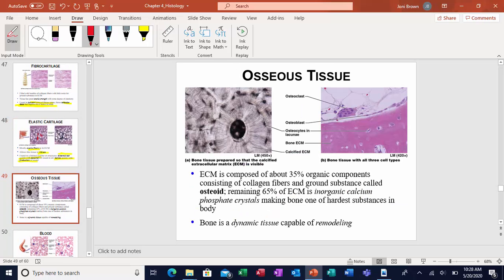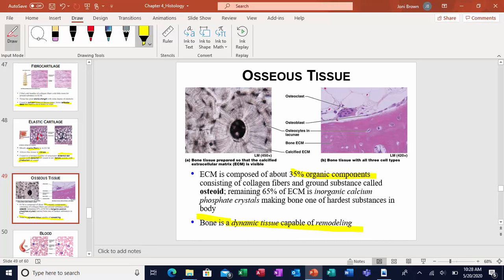Now, osseous tissue is also called bone. Okay? Bone, even though it's solid, is a constantly changing tissue. It's constantly changing. It's dynamic. The extracellular matrix is 35% organic, and that's your collagen and your ground substance.